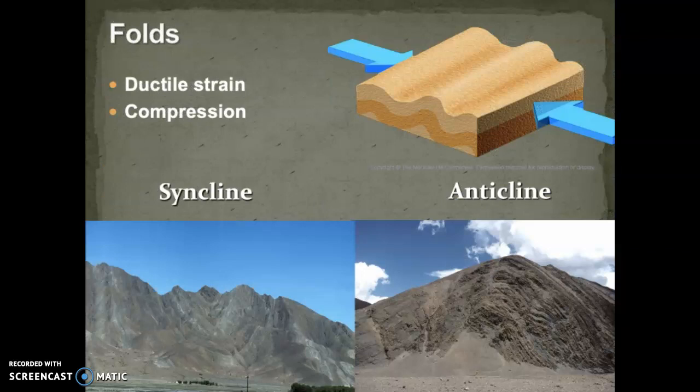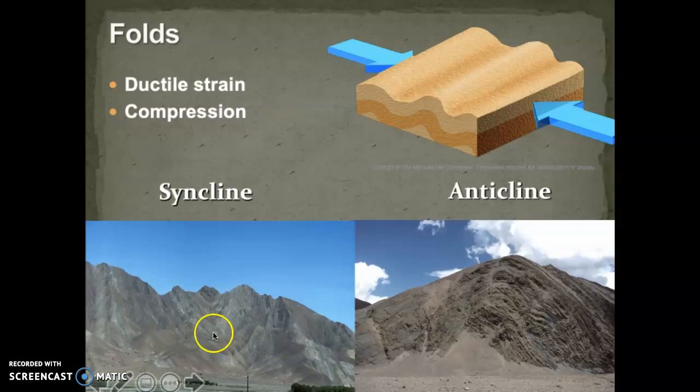So let's see some of the names that we give to these things. So first of all, we'll talk about ductile strain. Ductile strain we usually see in the form of features that happen under compression. So when you compress the rock or when you push on it from the two sides, that's our differential stress. If there's high pressure along with high temperature and maybe a long period of time, it turns out you can actually fold the rocks.